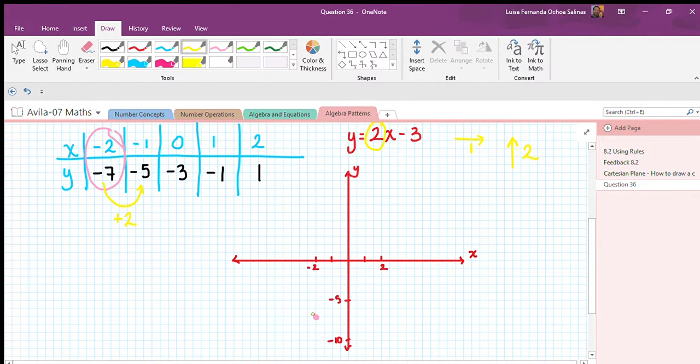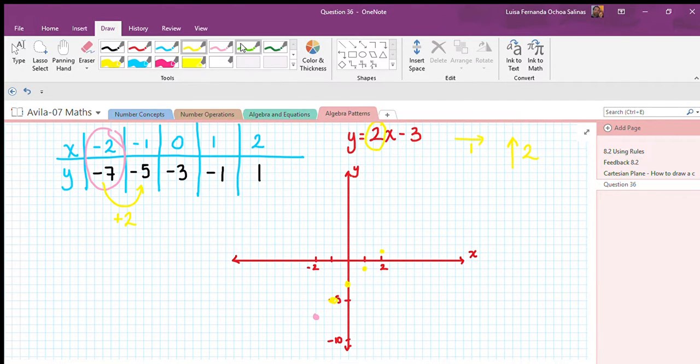So I'm starting with this point and I'm going to follow those instructions. I'm going to move 1 to the side and then 1, 2. And this is my next point. Then 1 to the side and 1, 2. And then 1 to the side and then 1, 2. And then 1 to the side and then 1, 2.